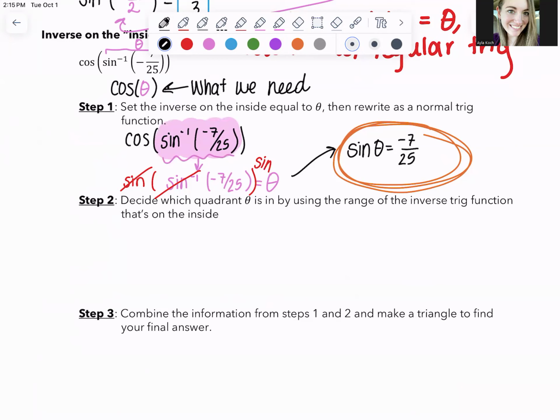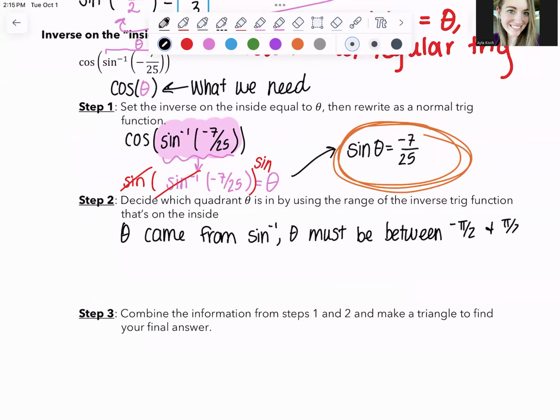We set sine inverse equal to theta, which means theta can only be in quadrant 1 or 4. Theta must be between negative pi over 2 and pi over 2.